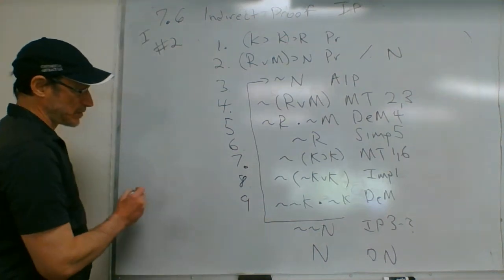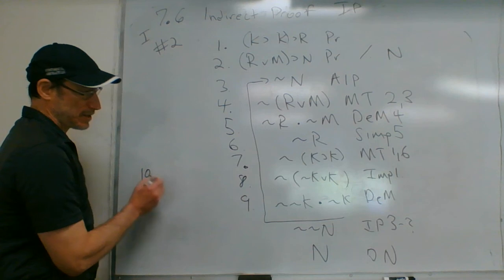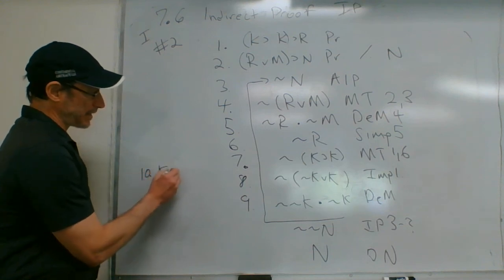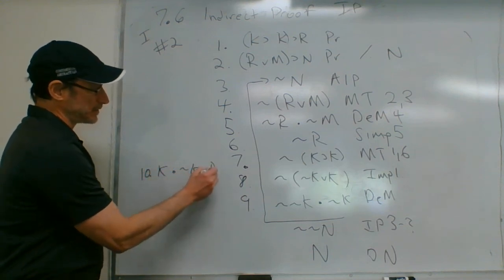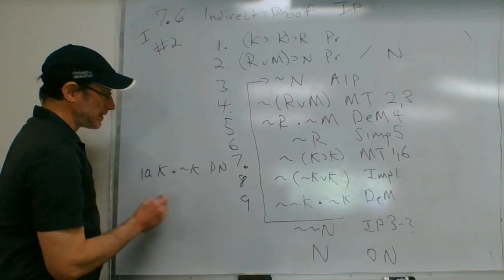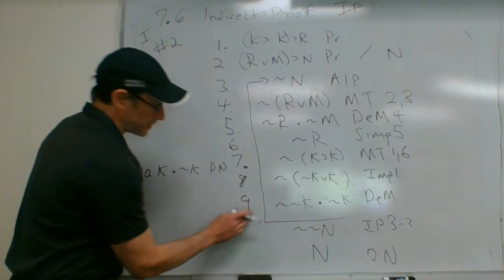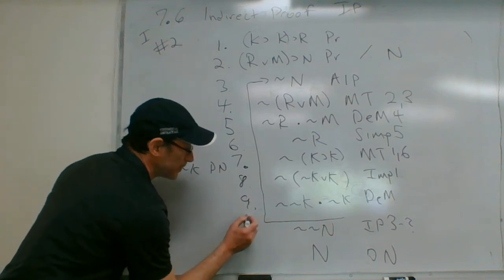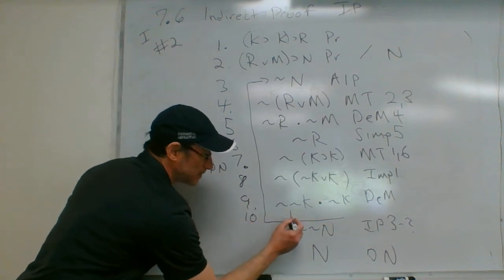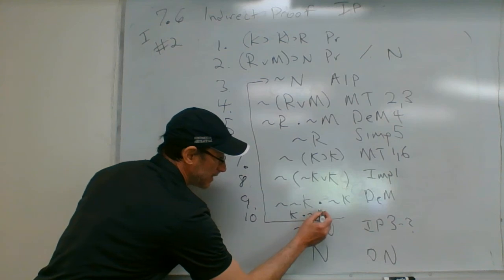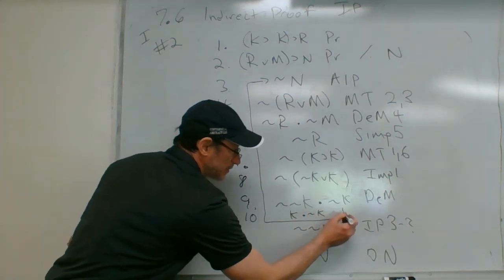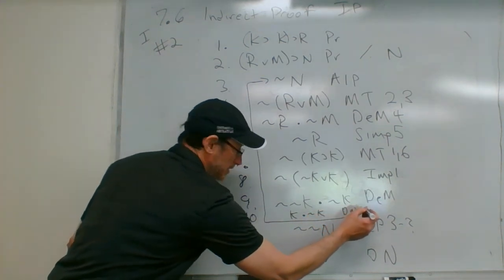I'm running out of room here, so perhaps, just to make it clear, we could say, well, we have K and not K by double negation on 9, and there's your contradiction. So there actually is a little room for that. Let's do that. We'll put it in right here. Taking off the 2 tildes, I have K and not K. That is a double negation on 9.